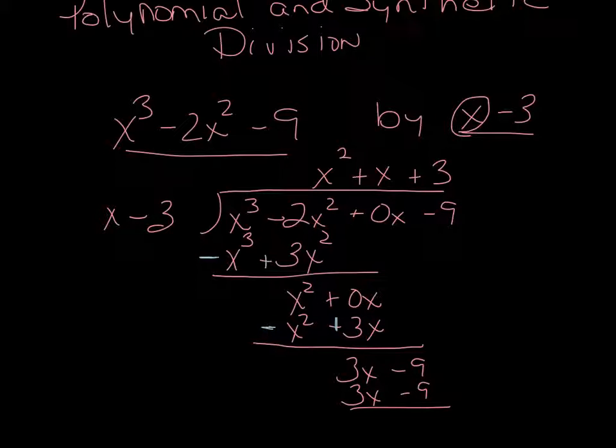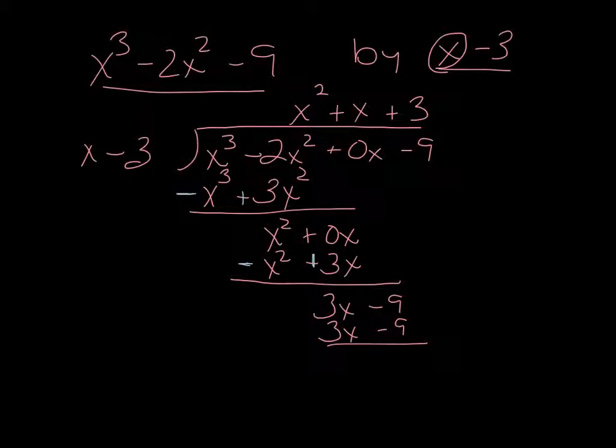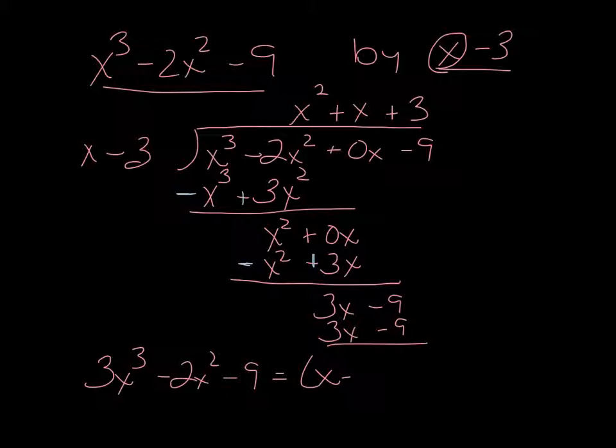Looky there. The book talks about a division algorithm, and that simply means that x cubed minus 2x squared minus 9 is the same as x minus 3 times x squared plus x plus 3. Those are what we just factored when we divided by x minus 3.